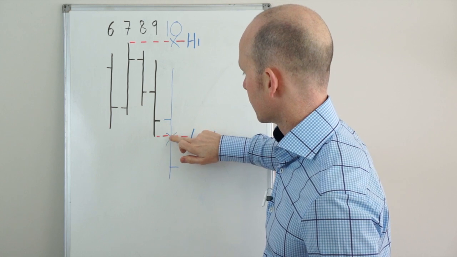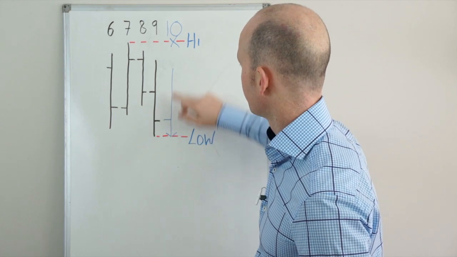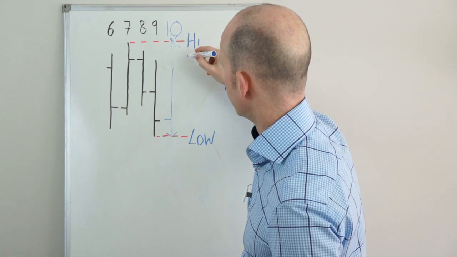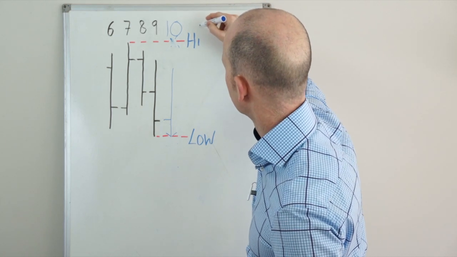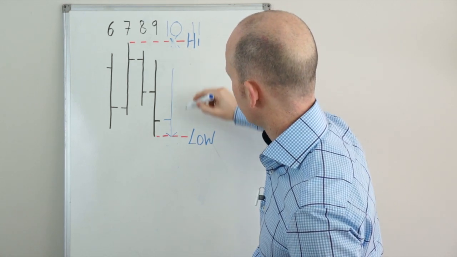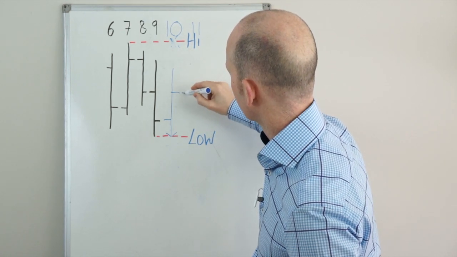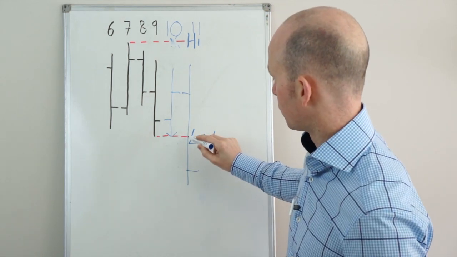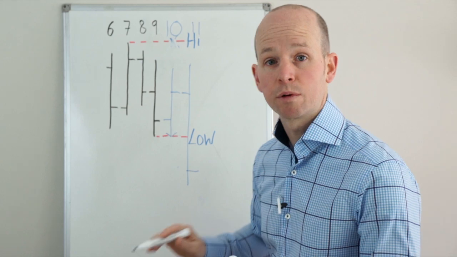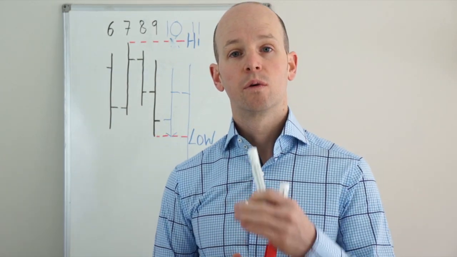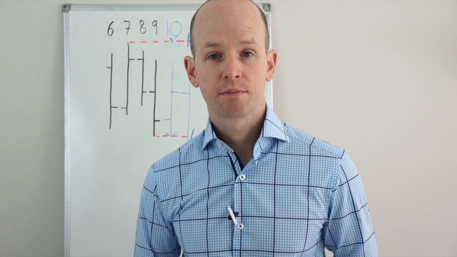If it didn't break below that low or above that high, and we got the next bar, sorry, this is a bit messy. The next bar was like that, and we got the break of the low on the next bar, we wouldn't take the trade, because we're only looking for that hour window where the breakout occurs.